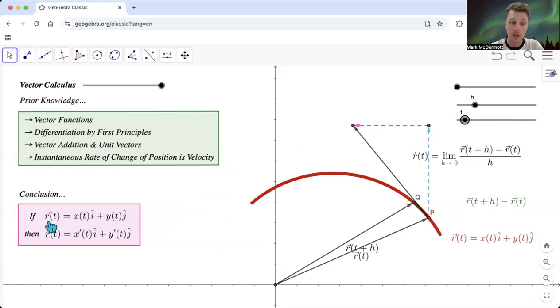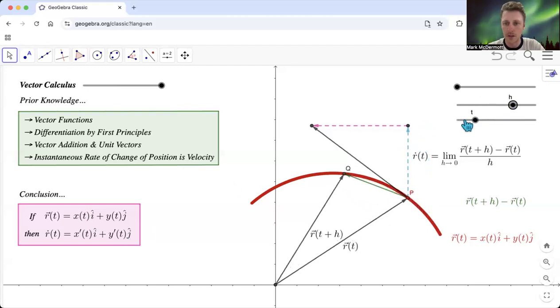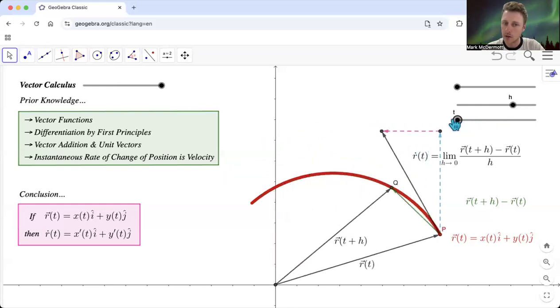In any case, I suppose we can conclude that if we have some vector function r of t, which is x of t multiplied by i hat plus y of t multiplied by j hat, then to find the derivative of that vector function, it's simply the derivative of the x component, which is a function of t, multiplied by the unit vector i plus the derivative of the y component with respect to t multiplied by the unit vector j.